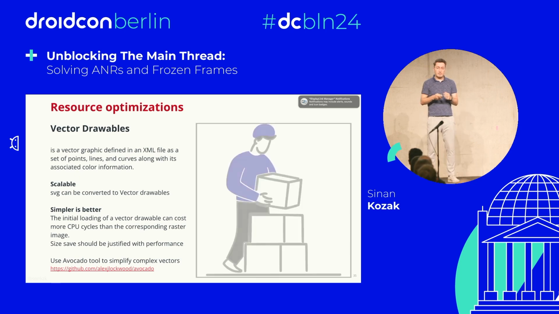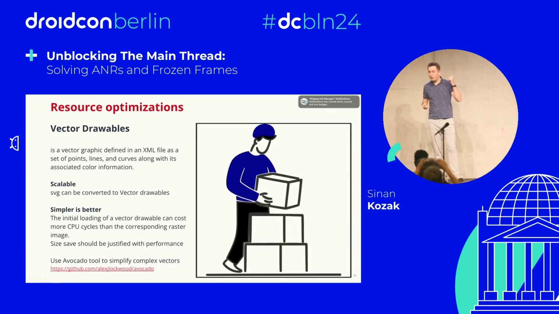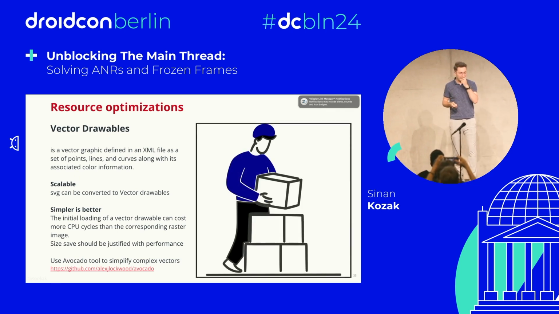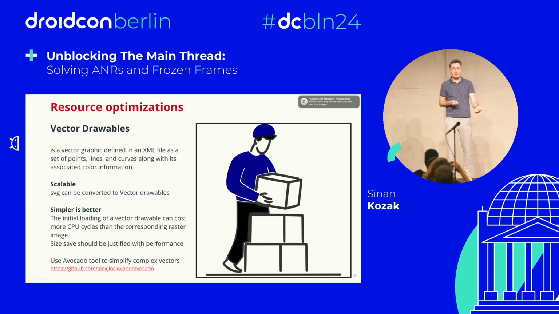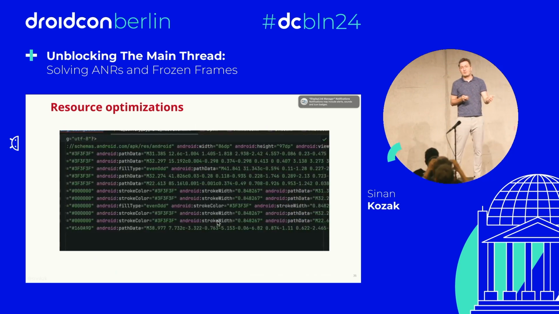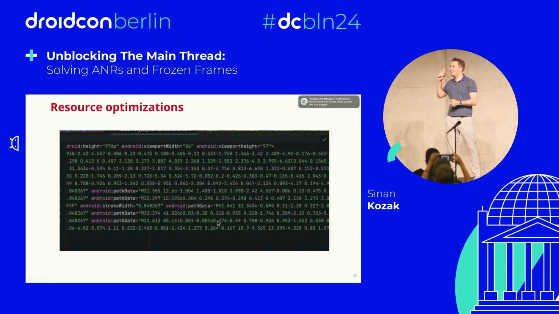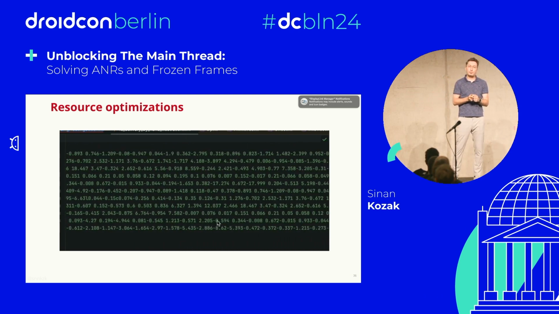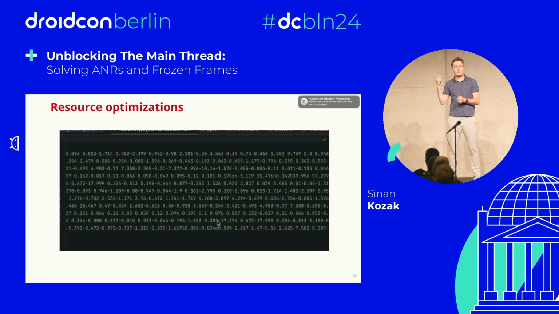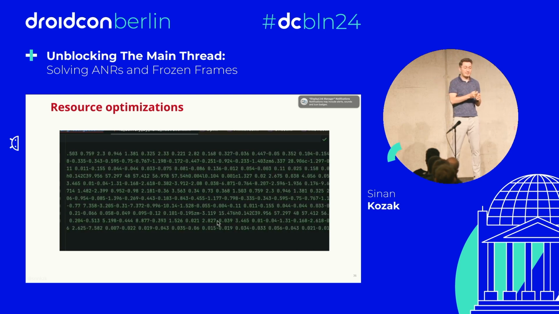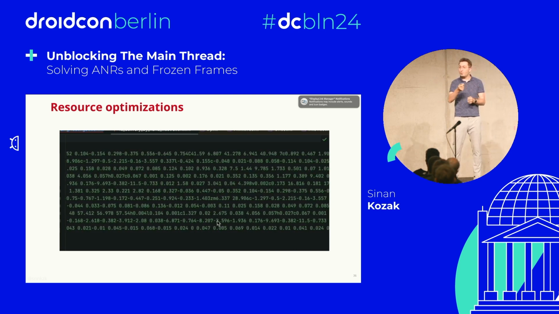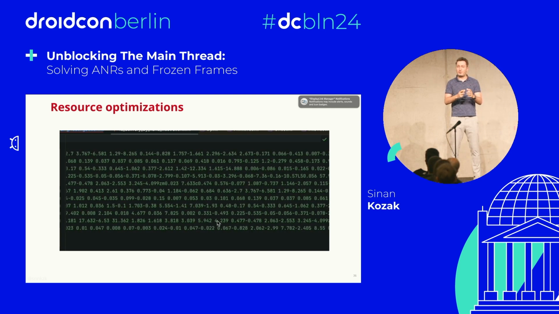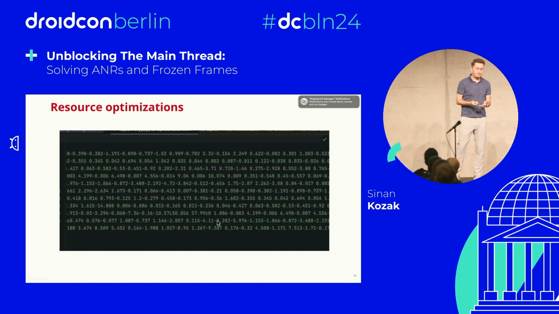And it's not a simple task to do. This is one of the illustrations that we had in the application. This guy is doing heavy lifting, and this is how it does. So this definition goes and goes and goes. That means when we want to do the first rendering, the system needs to read this XML, understand which line goes which direction, and create an SVG, then render.